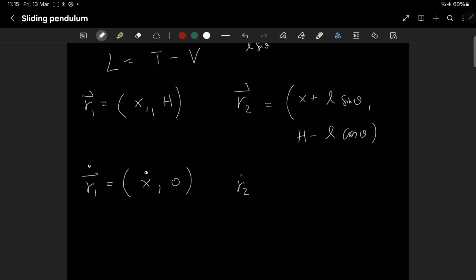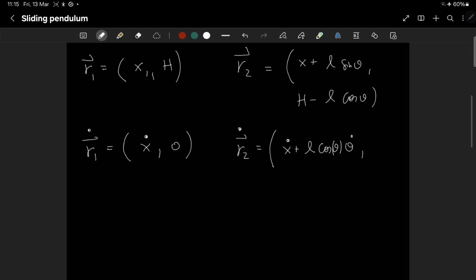Similarly, the time derivative of the position of the second particle is x dot plus L, and then for sine theta we use the chain rule, cosine theta times theta dot. That's the x component of the velocity of the second particle. For the y component, H is a constant, so that doesn't depend on time, and L doesn't depend on time.